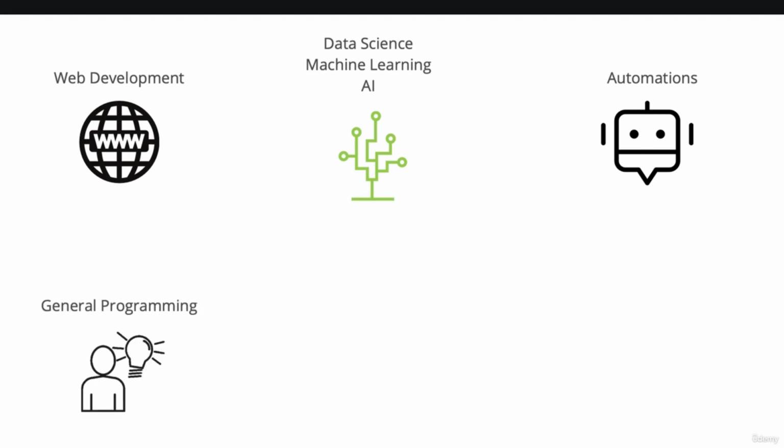The next field is general programming, which is somehow related to this automations field. So with general programming, I mean when Python is used by professionals who are not programmers, but you perhaps are a network admin, so you can use Python for different aspects of your work.